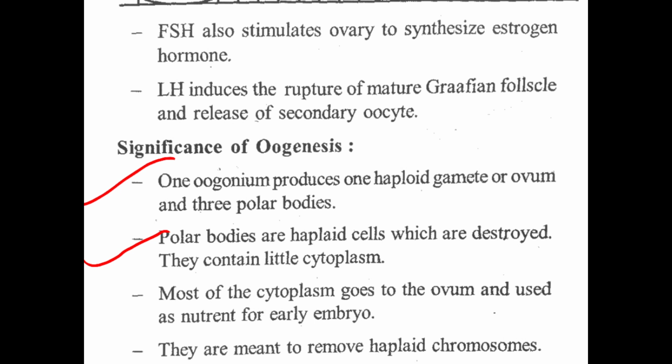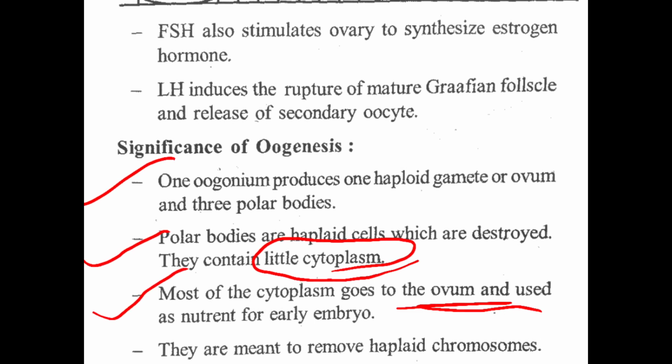Polar bodies are small in size, so they contain little cytoplasm. Most of the cytoplasm goes to the ovum and is used as nutrient for the early embryo. They are meant to remove extra haploid chromosomes. Okay, this is the conclusion.